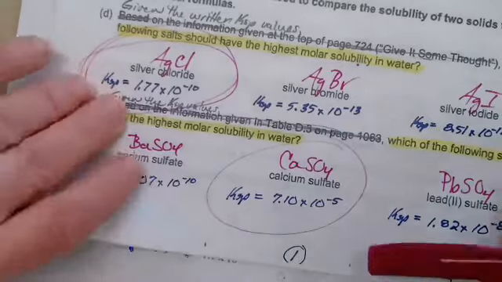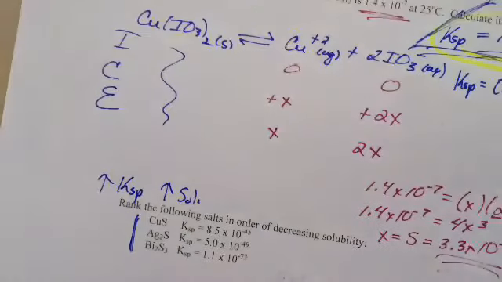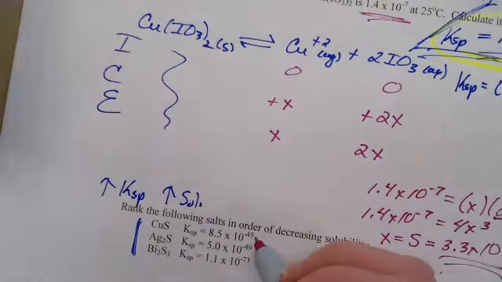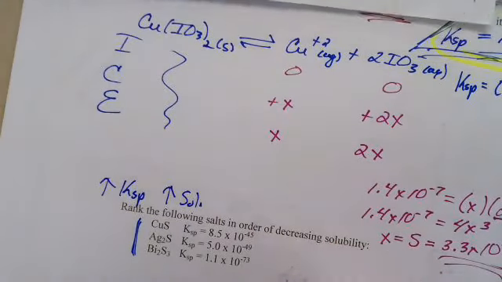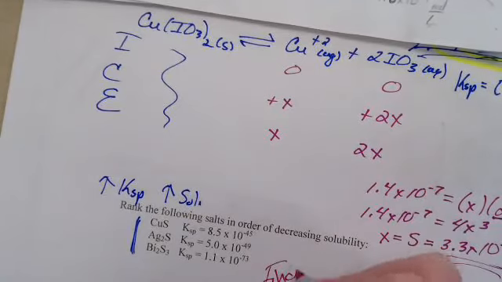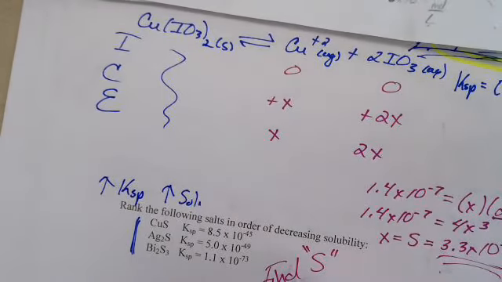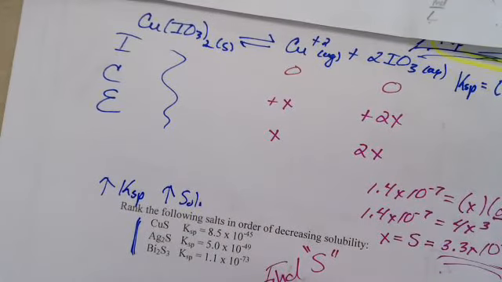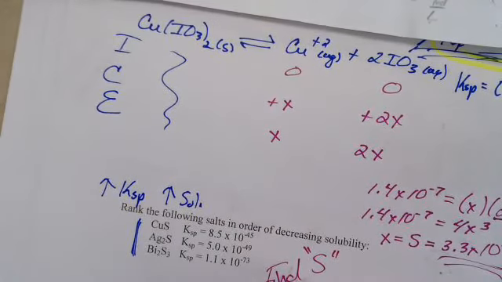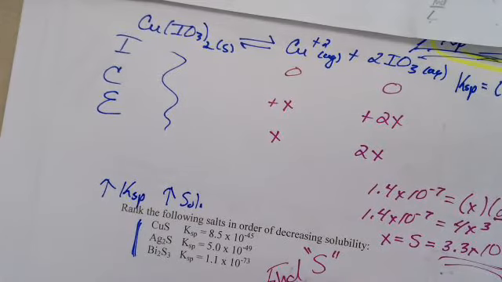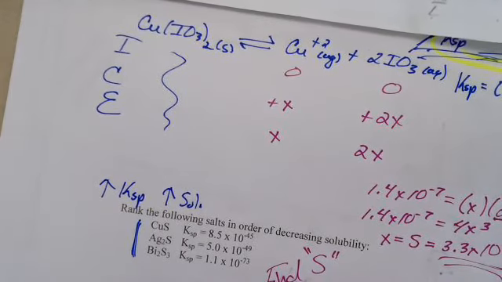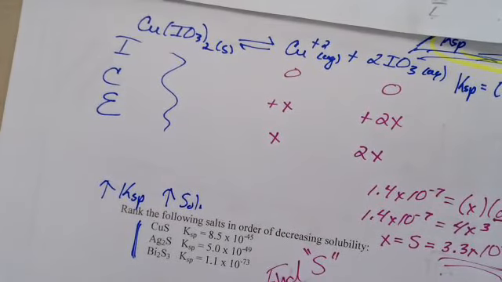So only if they have the same number of ions, because now we won't work through the math of this. If they have different numbers of ions, we would need to find S or find X to answer, because each solid dissociates into a different number of ions.